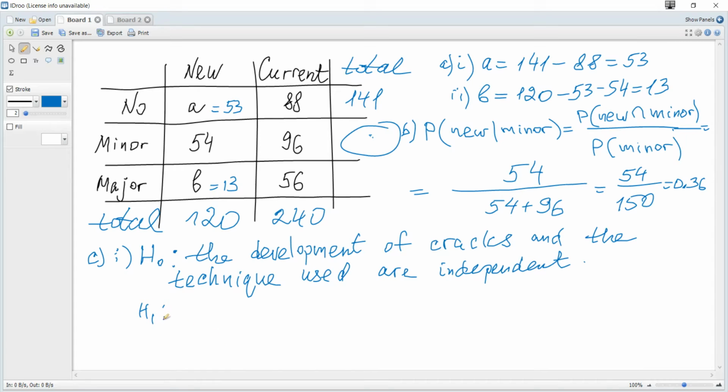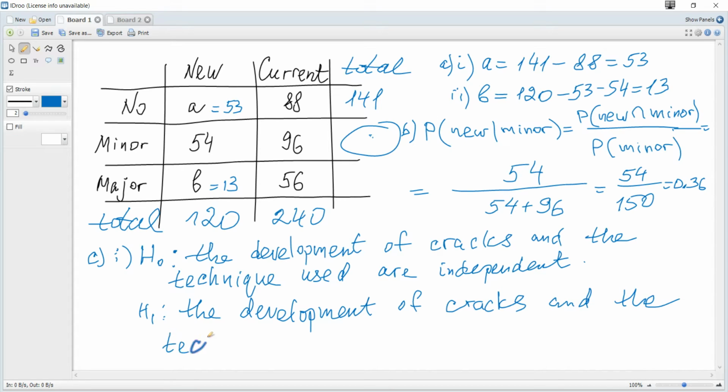And hence for the alternative, you rewrite the same: the development of cracks and the technique used are not independent.